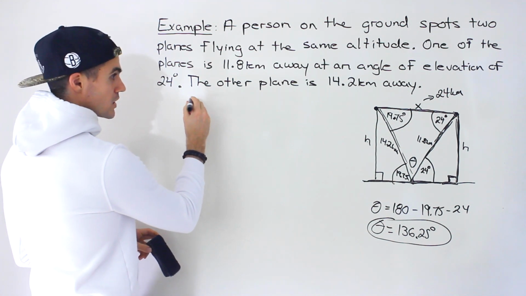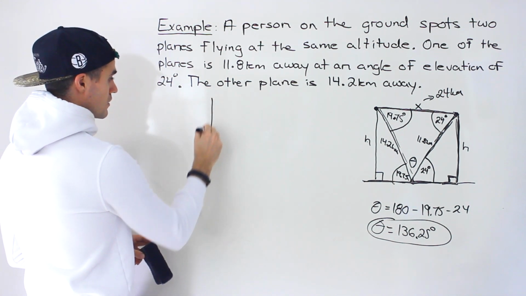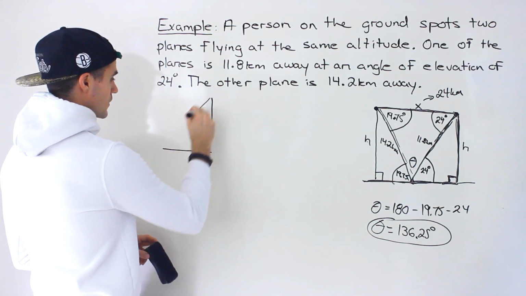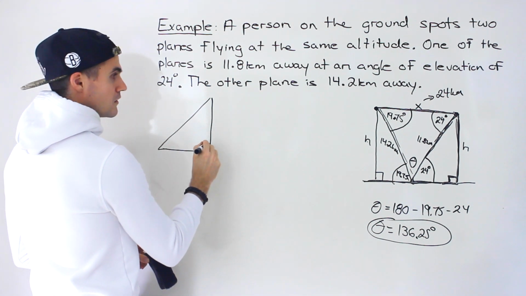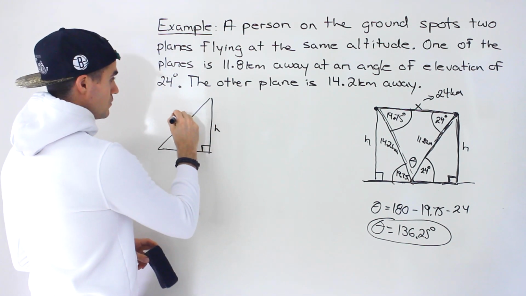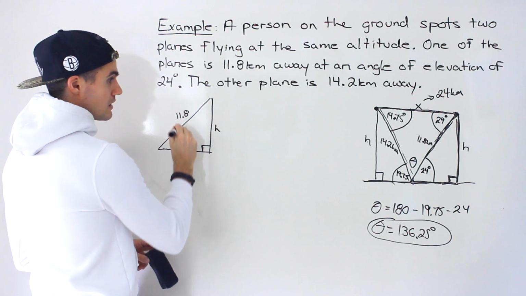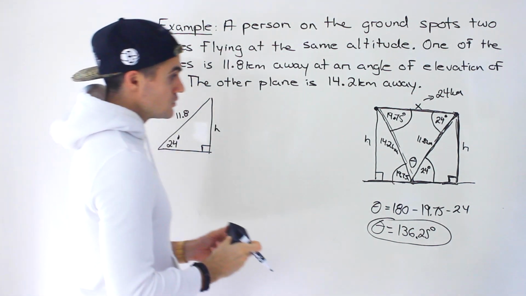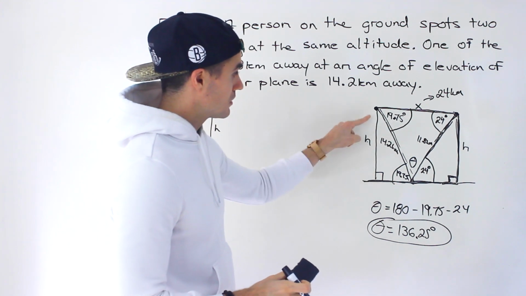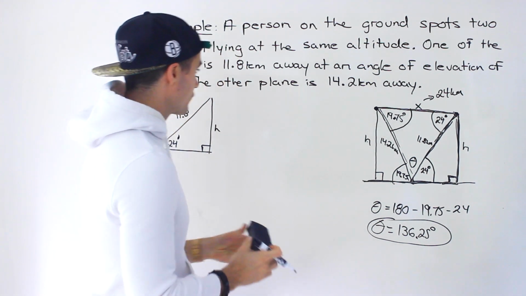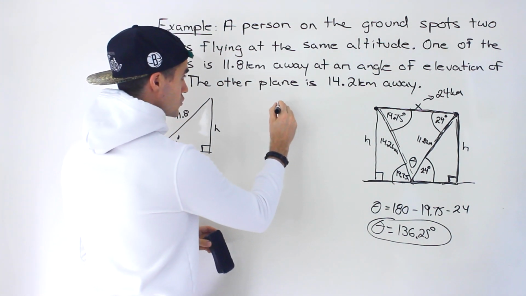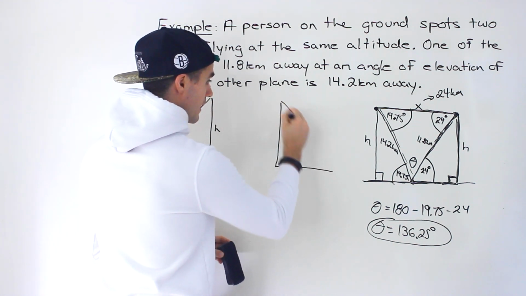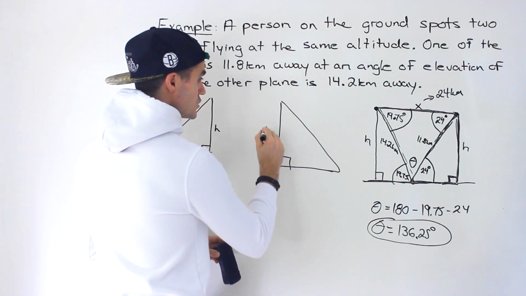So if I draw the triangle that we're going to use, that's this one right here. We're solving for the h value. The hypotenuse is 11.8, and then we got this angle of 24 degrees like that. But again, you could also create a triangle here and you could solve for the h there. If we use that triangle, this would be the h value here.